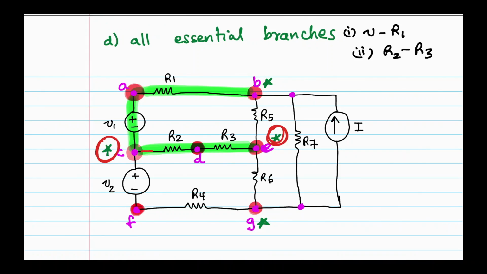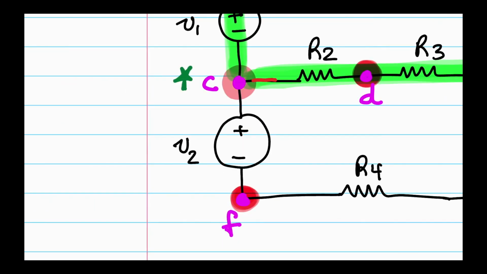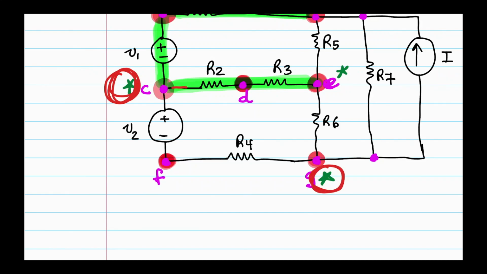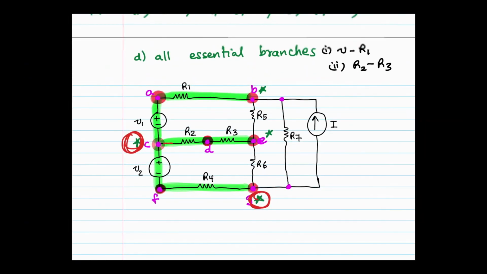V2 to R4. So let's continue this analysis. Now we started at node C, and from node C we are looking at the next essential node. One essential node is C, and the next essential node is G, and the path between that certainly is an essential branch.